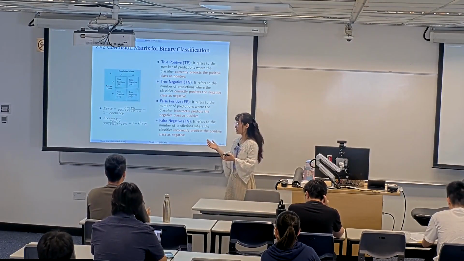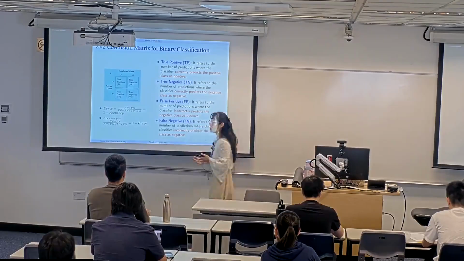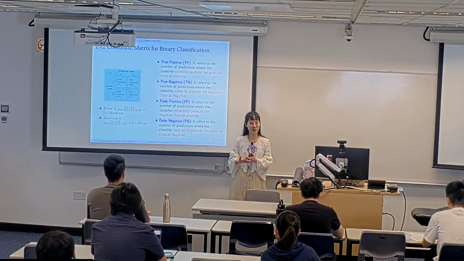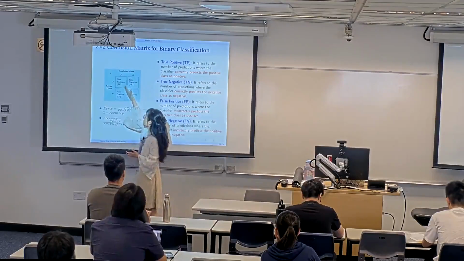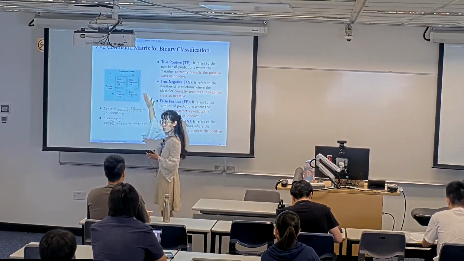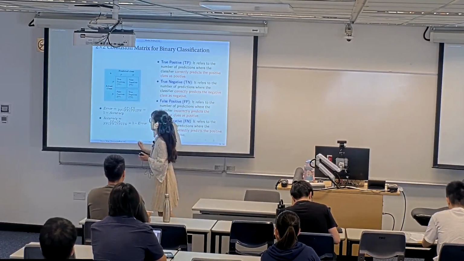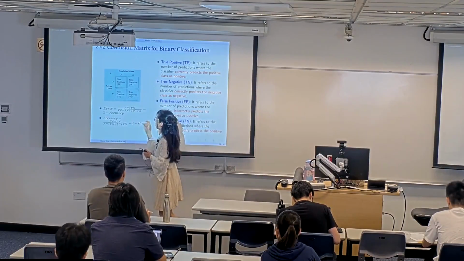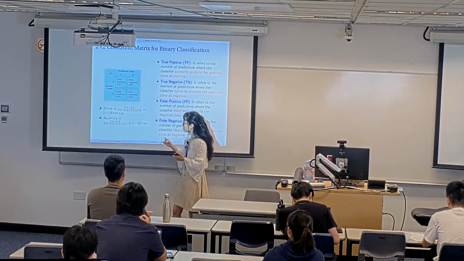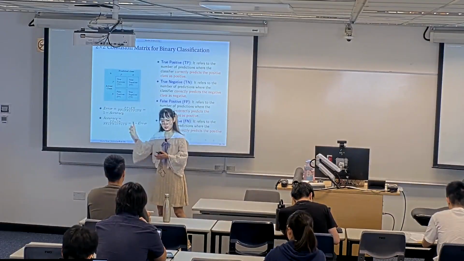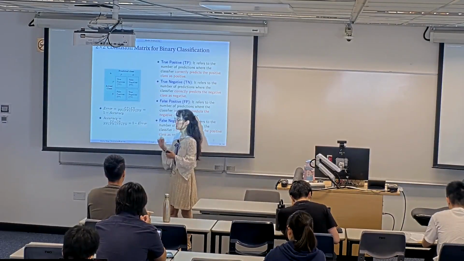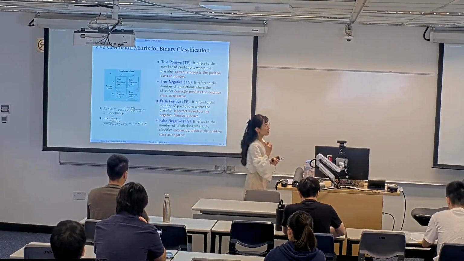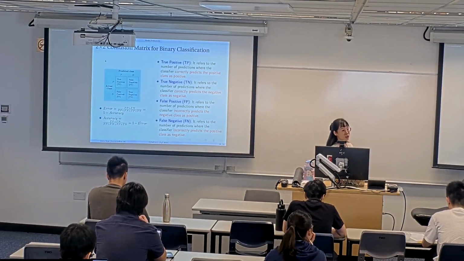Now what is accuracy? Of course, accuracy is the proportion of the correct predictions. We know this main diagonal contains all the correct predictions. So accuracy is TP plus TN, all of the true positive and true negative correct predictions, divided by the total number of testing data, which is 1 minus error. So this is only one special case.